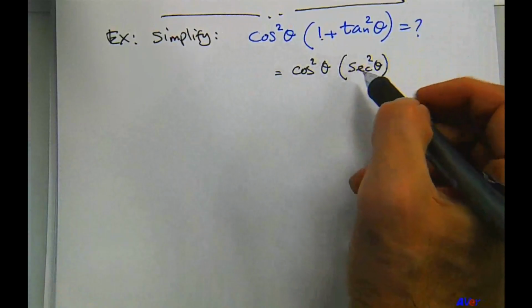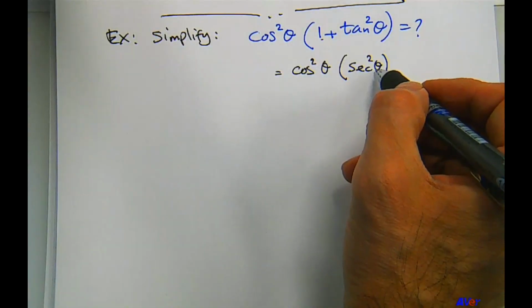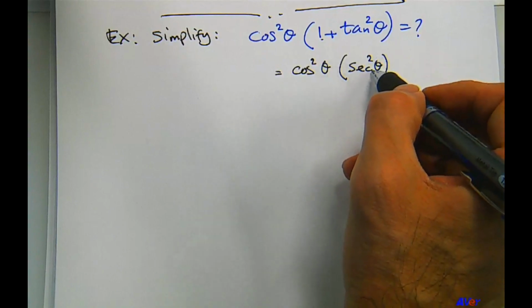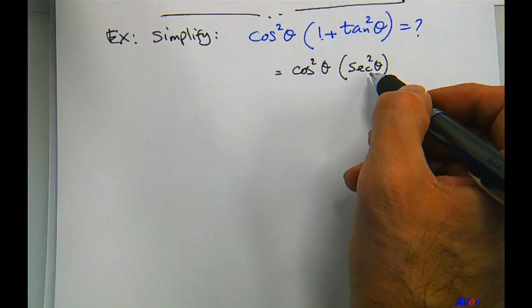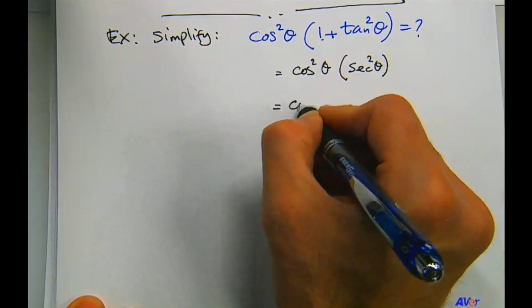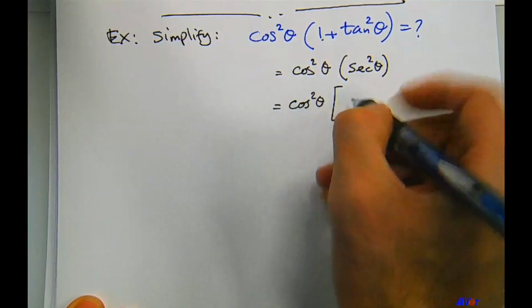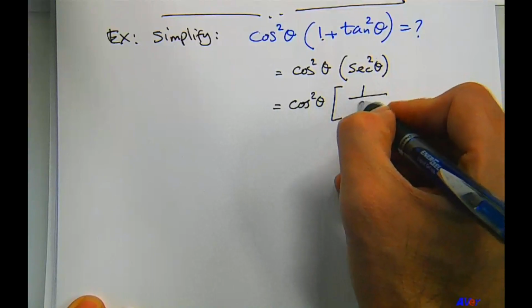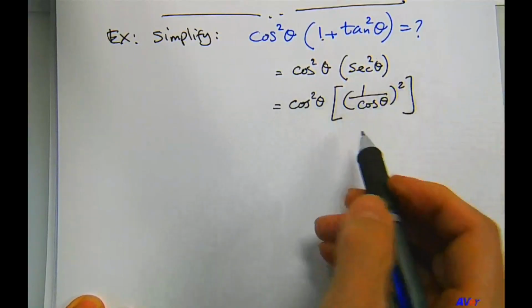Now you know that the secant function is the reciprocal of the cosine function. So let's write that down. So cosine squared theta times 1 over cosine of theta squared, right?